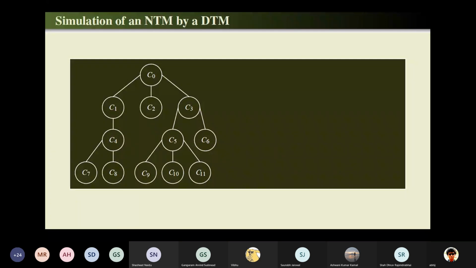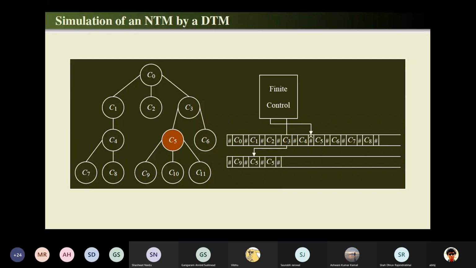This somehow has to be explored by the DTM, and this is basically the idea. What the DTM does is make a breadth first traversal of this tree. But the tree may be infinite, and therefore this breadth first traversal may never halt. That is fine.